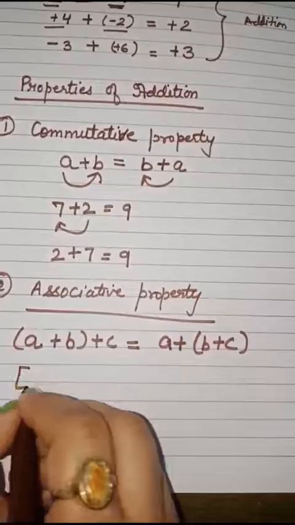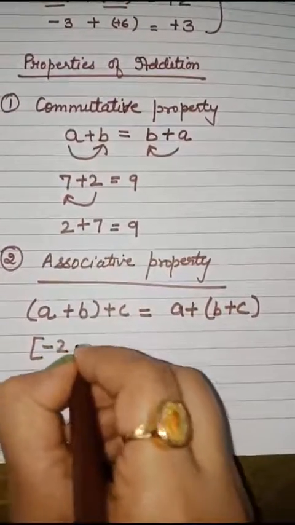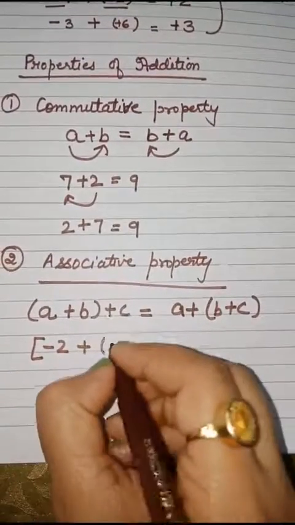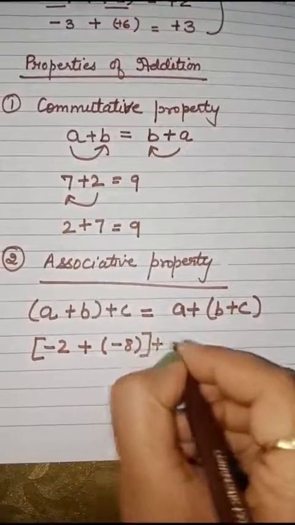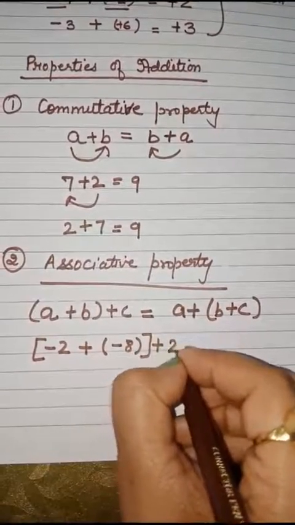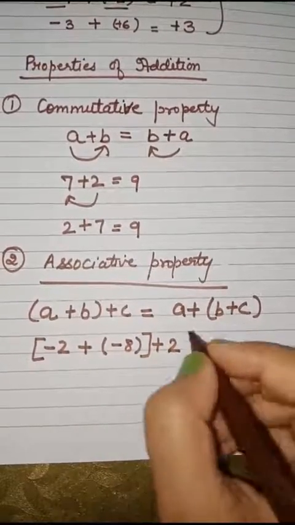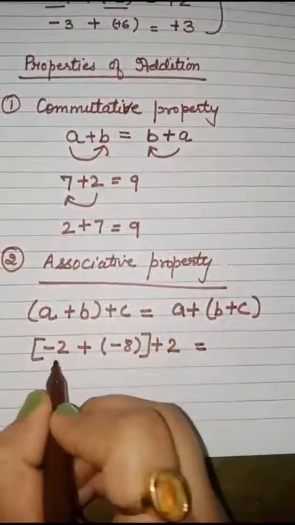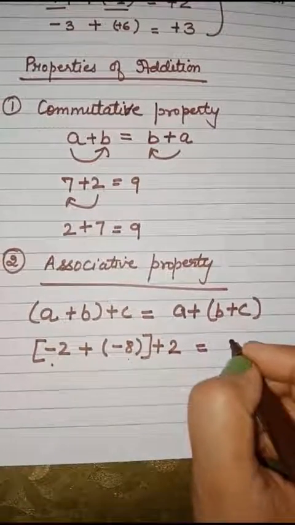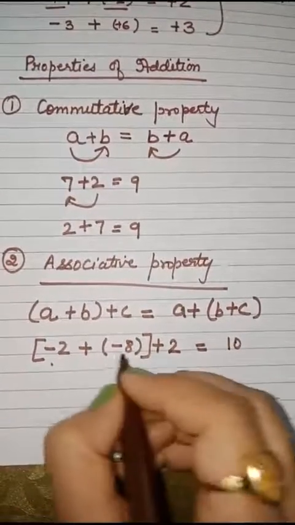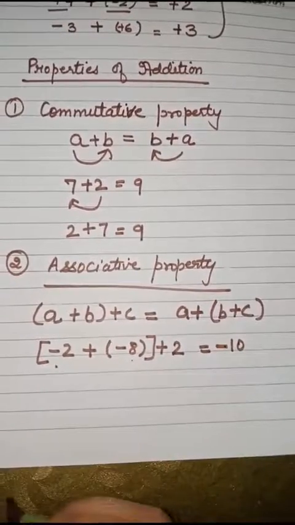Suppose minus 2 is added with minus 8, and then the third number is 2. What will be the answer? First we will add these numbers. Minus minus is plus, that is 8 plus 2 is 10, and the sign of the greater number.